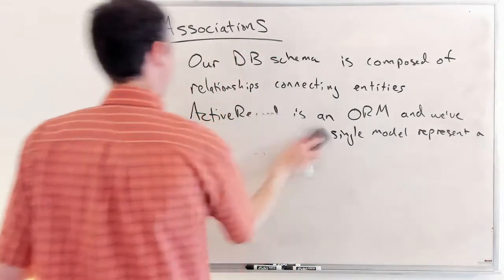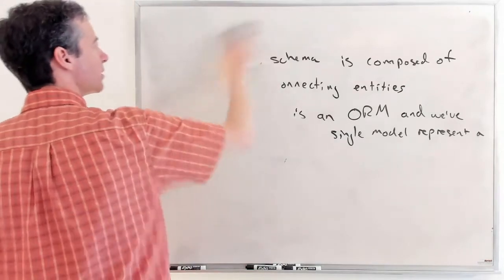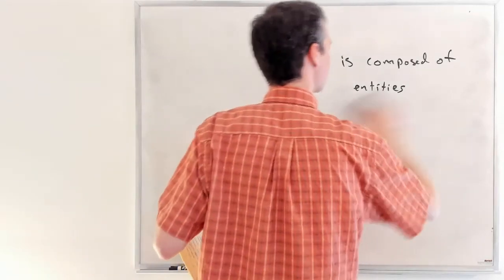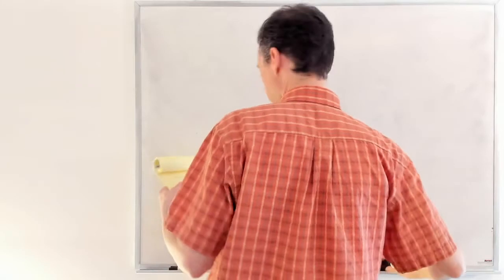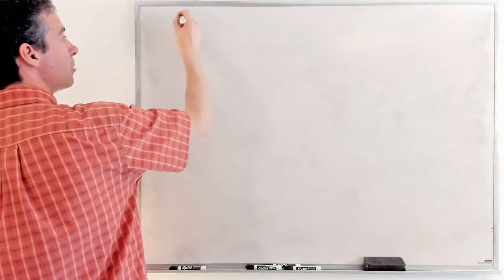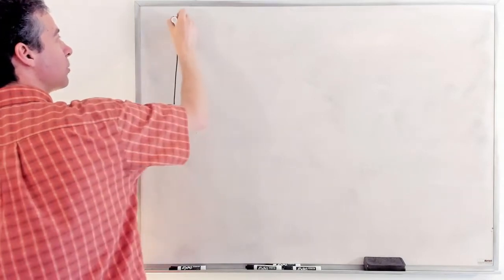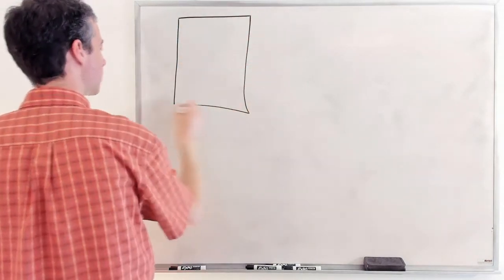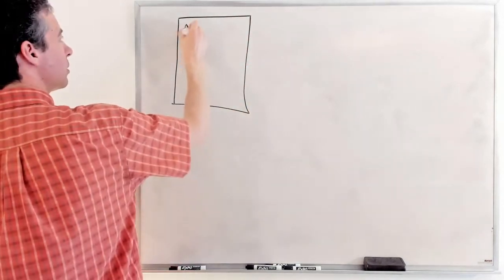So let's start with an example of what we could envision that we really want to function as when we were doing database stuff. Let's go from one entity to two entities. So let's say we have an entity authors.